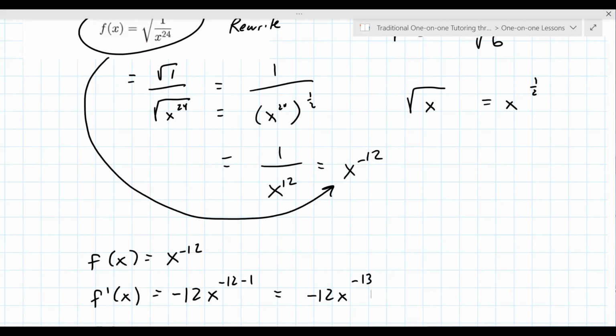12x to the 13. It did. Oh wait, no, negative 13. That was my operator error.